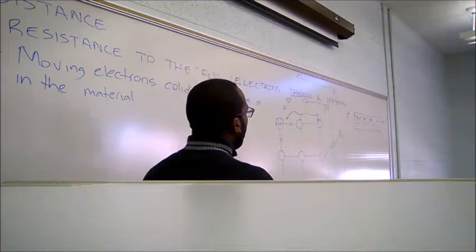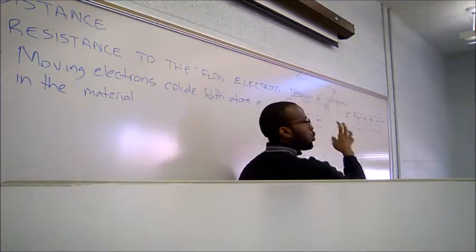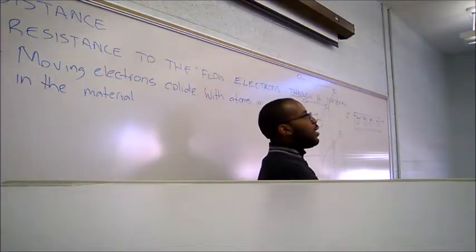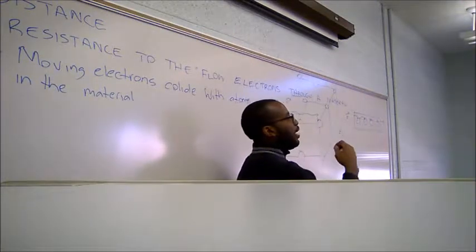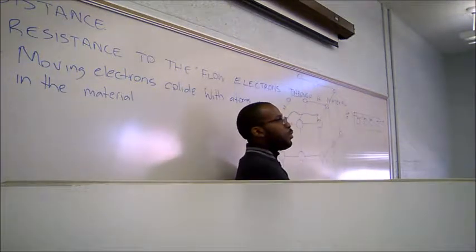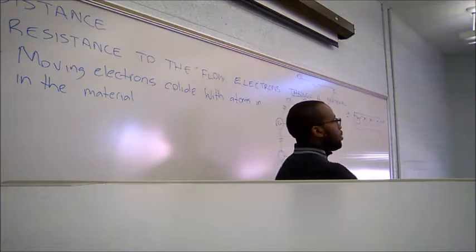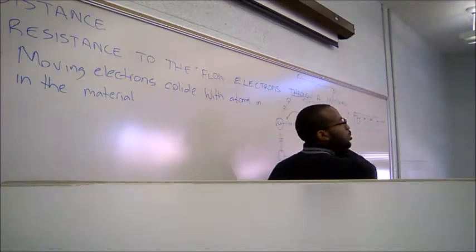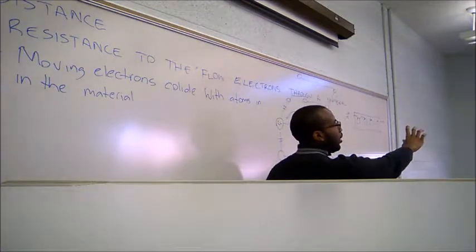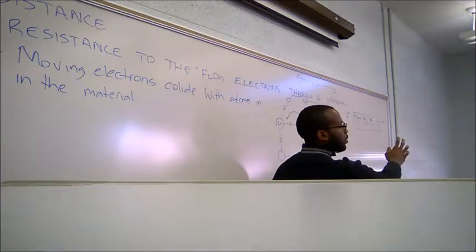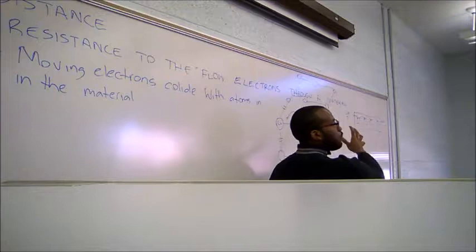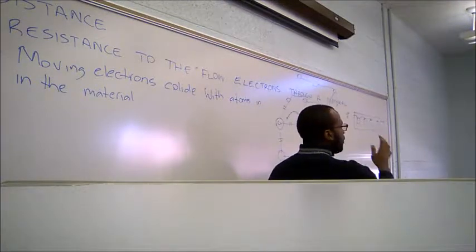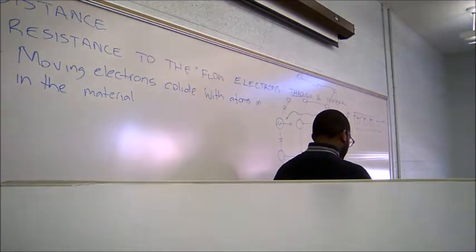Now we're using only one electron here to show our example. But imagine when we have this hooked up to a source, for example a power supply, and we have a certain amount of current. Just imagine we have millions of electrons flowing through this material. Of course, we're going to have some collisions. Yes, they will lose energy and be absorbed by the other atoms and so forth, but we also will have collisions, which adds to our resistance.